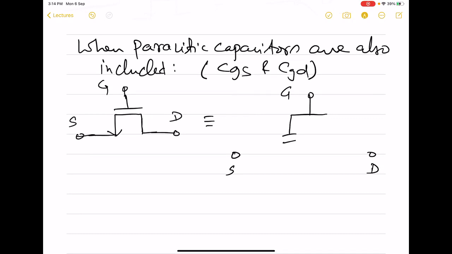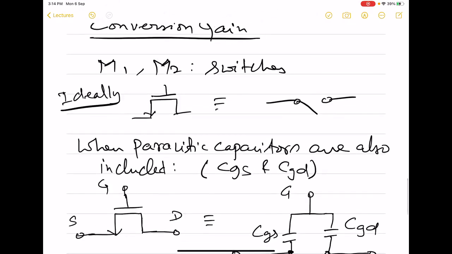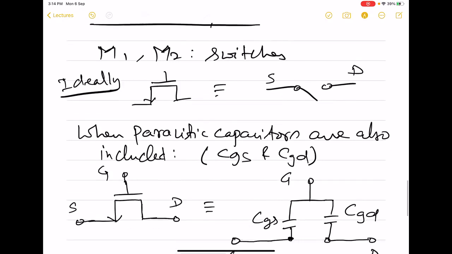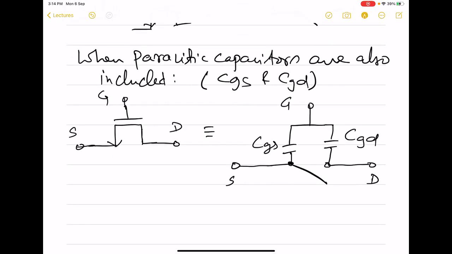So between source and gate, we have CGS, and between gate and drain, we have CGD, and then there is a switch between here source and drain. So this is the switch between source and drain node. So now we will be substituting MOS by this model.